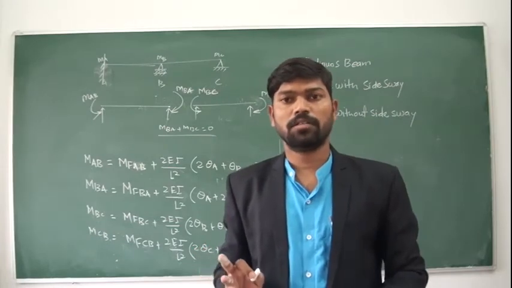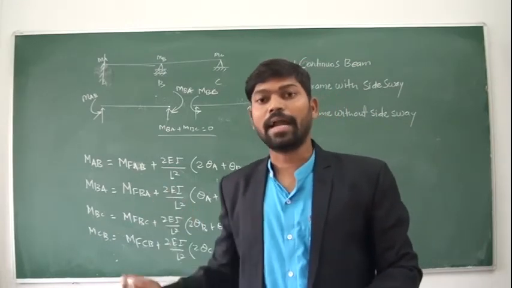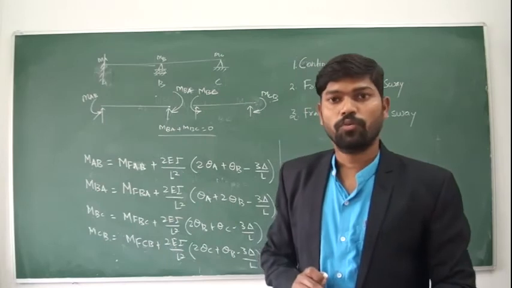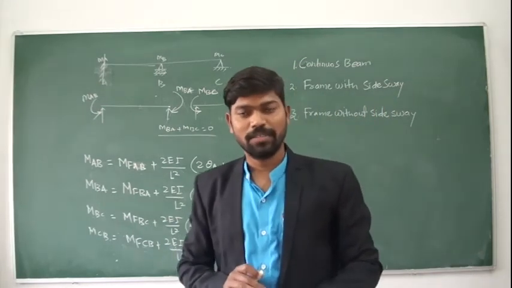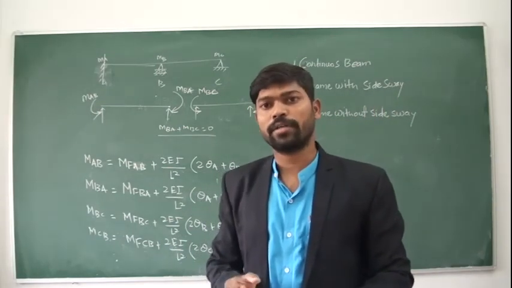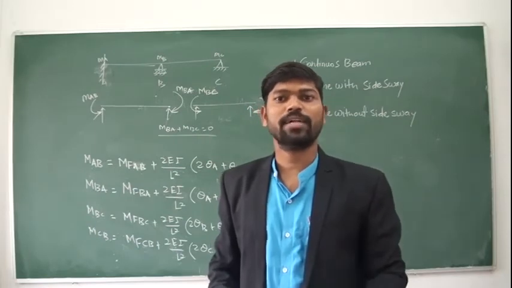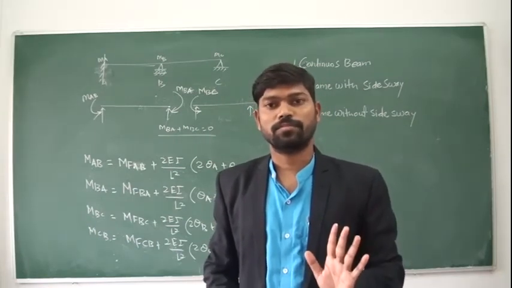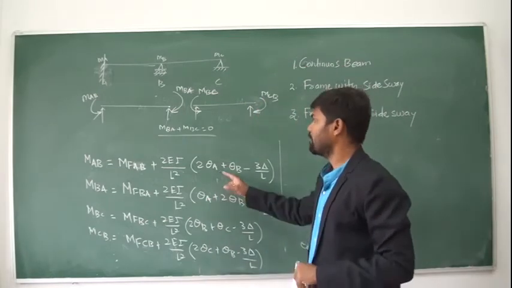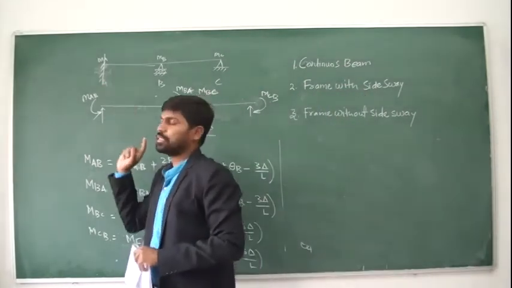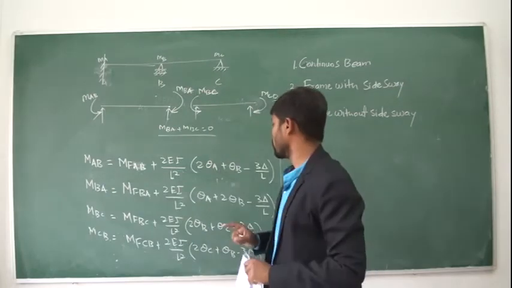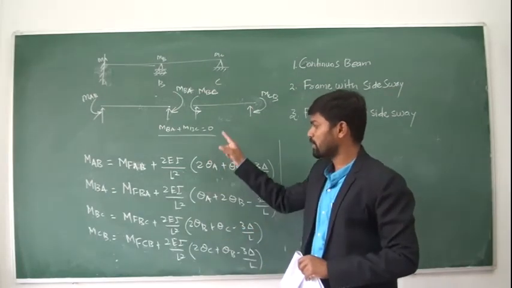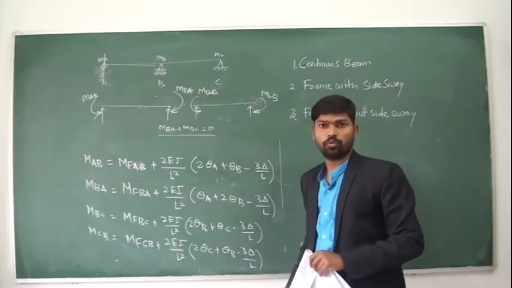Because in the starting of structural analysis 2, we have seen degrees of freedom. So degrees of freedom for fixed support is 0. There is no vertical displacement, no horizontal displacement, no rotation. So theta A will be 0. Wherever theta A appears in the equations, its value will be 0.